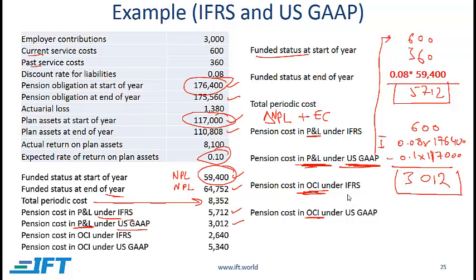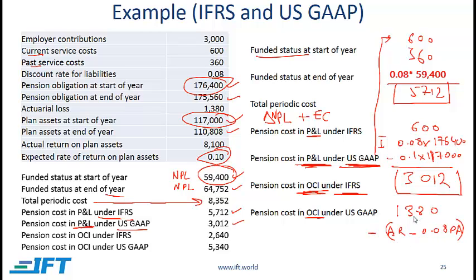Next, OCI under IFRS. So this has two components. One component is the actuarial loss. So the actuarial loss is 1,380, and then from this we subtract the actual return minus 0.08 times the plan assets at the start of the year.